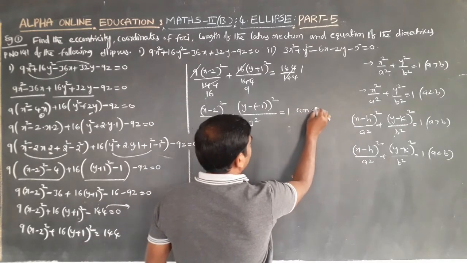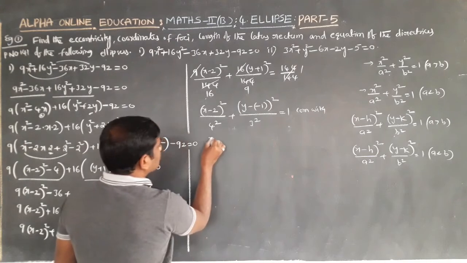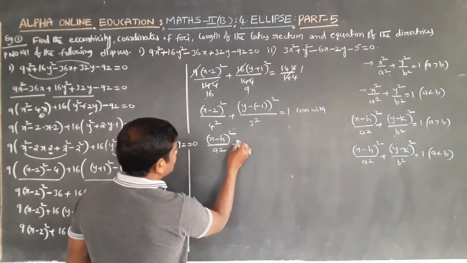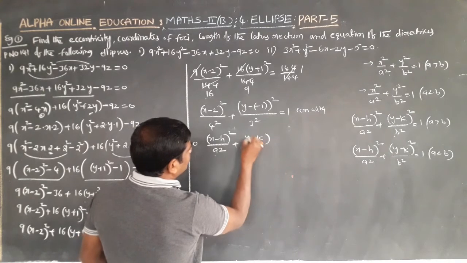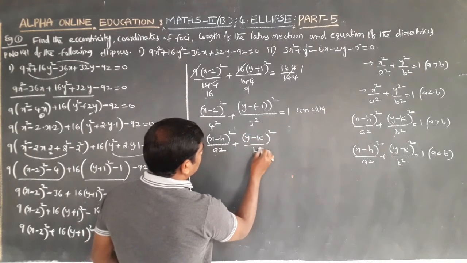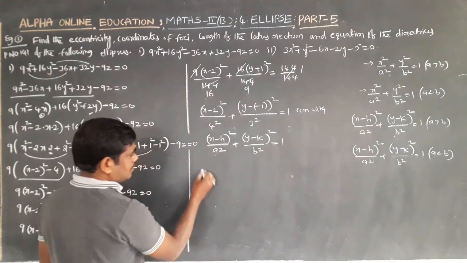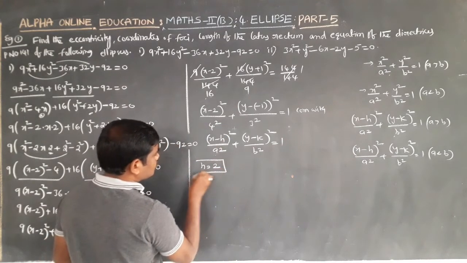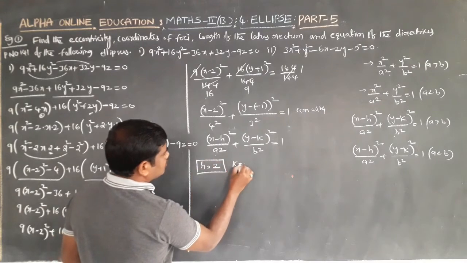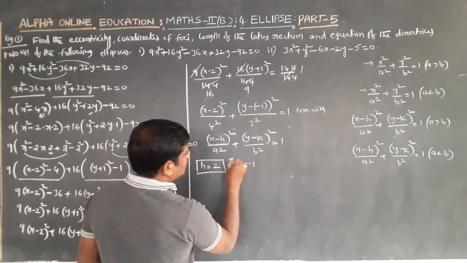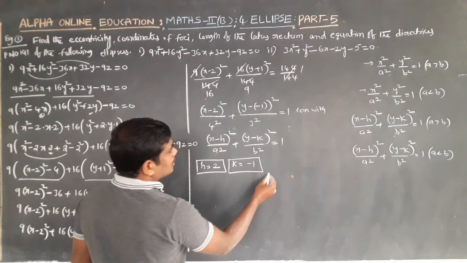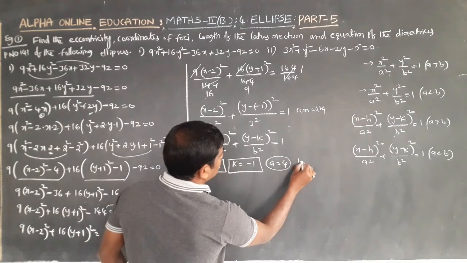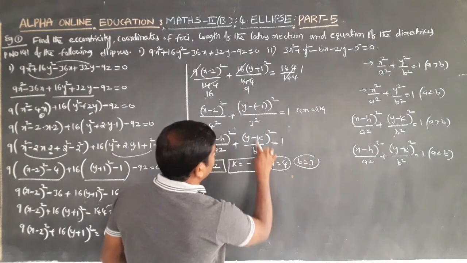This is compared with x minus h whole square by a square plus y minus k whole square by b square is equal to 1. Here h is equal to 2, k is equal to minus 1, a is equal to 4 and b is equal to 3.